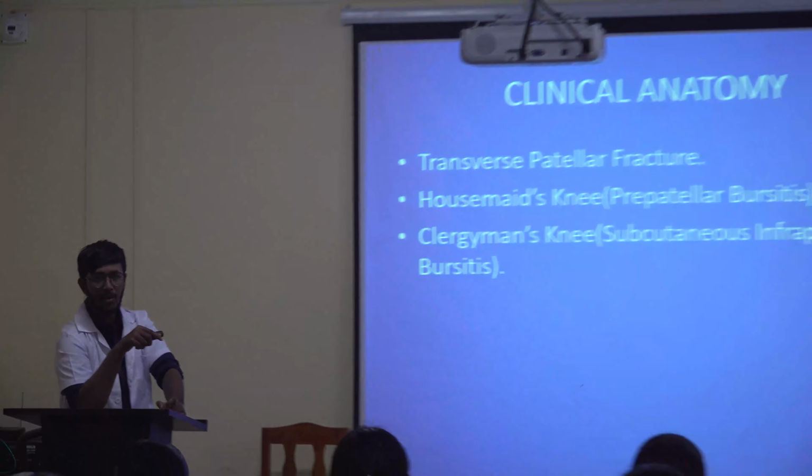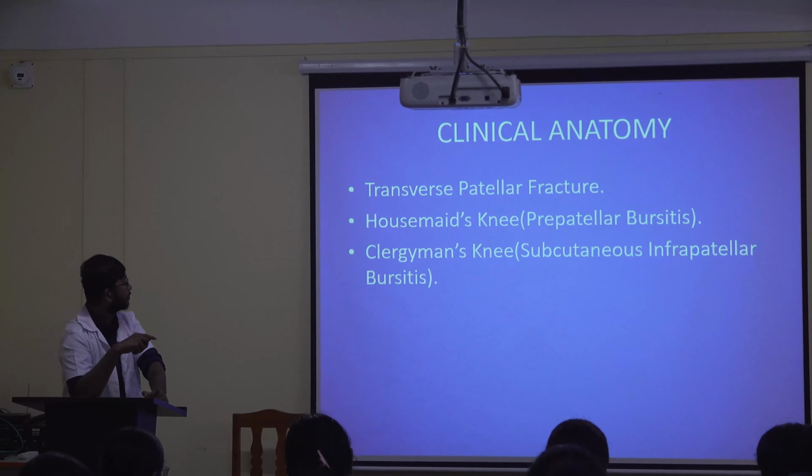If this part detaches, the quadriceps muscle will pull it upwards, almost into the thigh, and the lower part will be there only. The ligamentum patellae is not that strong, so the upper part will be pulled upwards. That is transverse patellar fracture. This is the real fracture, but in bipartite patella it will only be two bones.